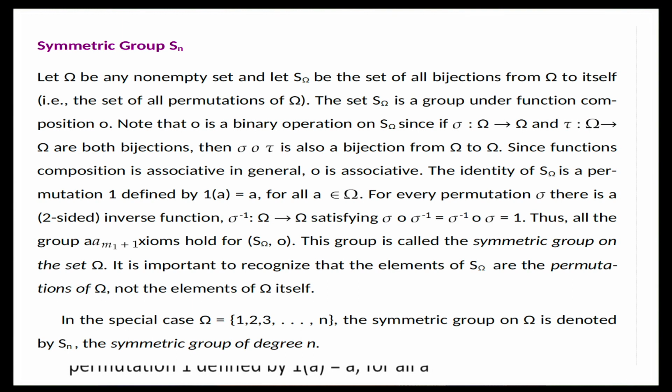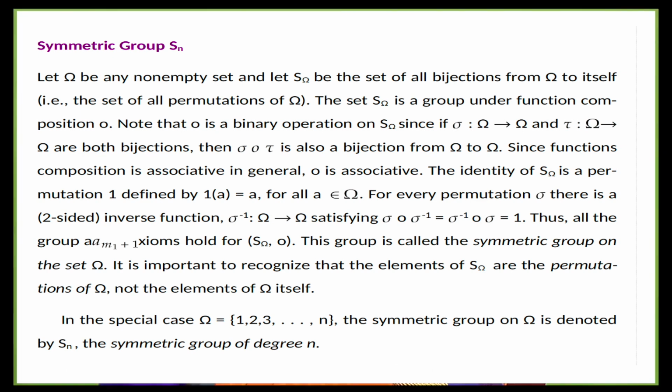Since function composition is associative in general, ∘ is associative. The identity of S_Omega is the permutation 1 defined by 1(a) equals a for all a in Omega.